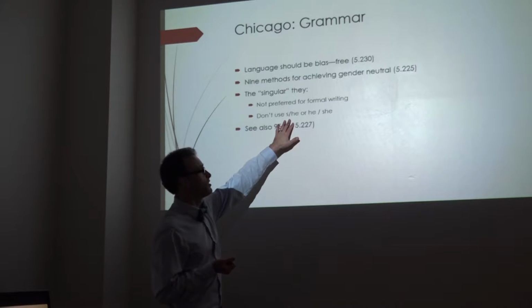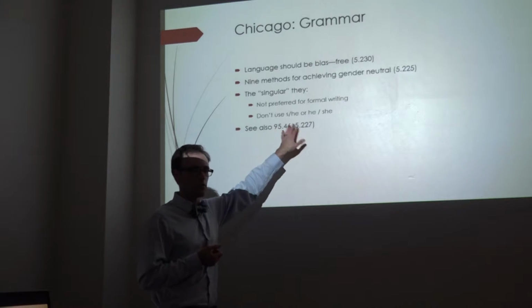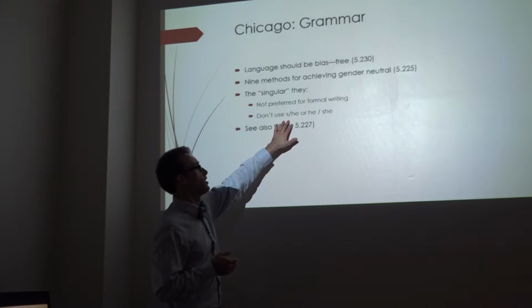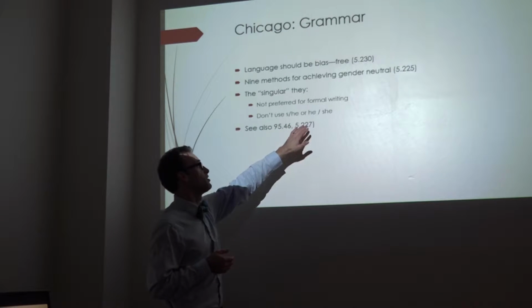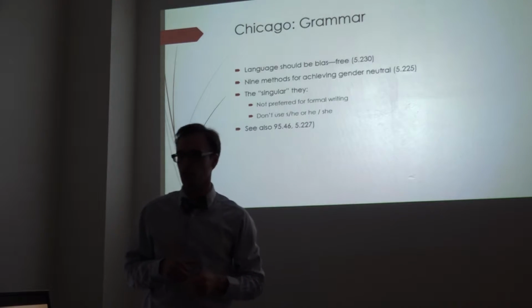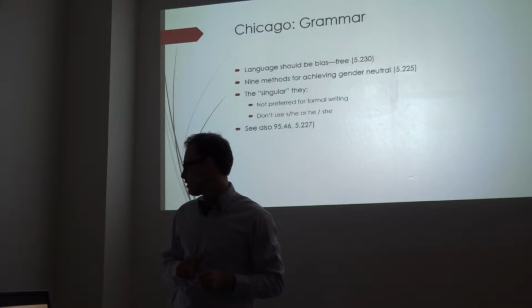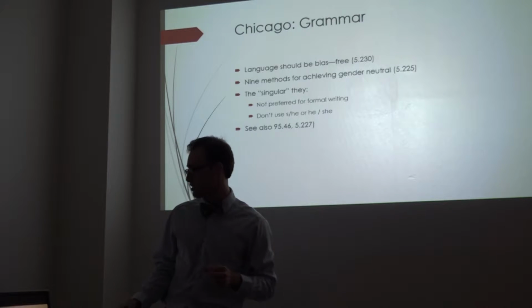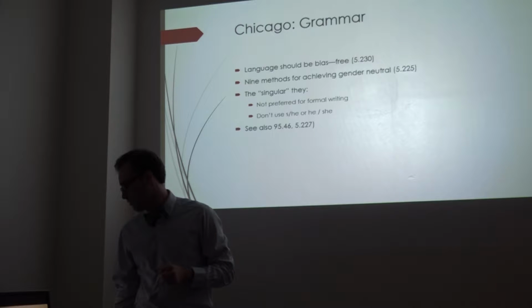Don't use slashes. So if you're referring to he or she, don't use a slash like she/he or he/she. Write it out, he or she. You can also see other grammatical rules in 5.96 and 5.227.